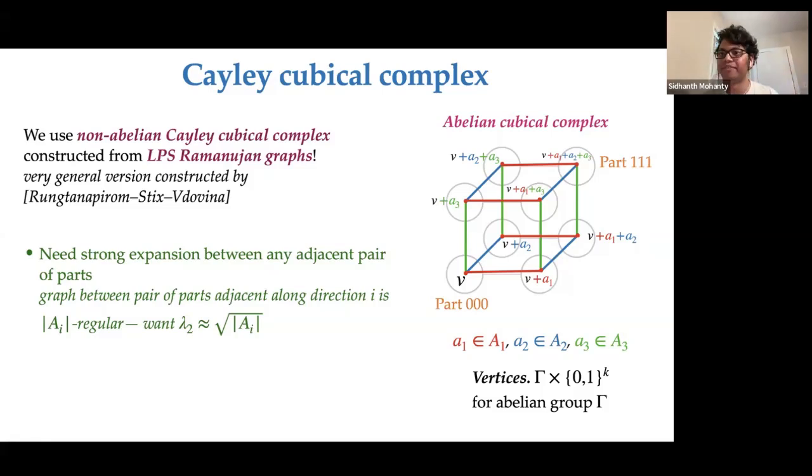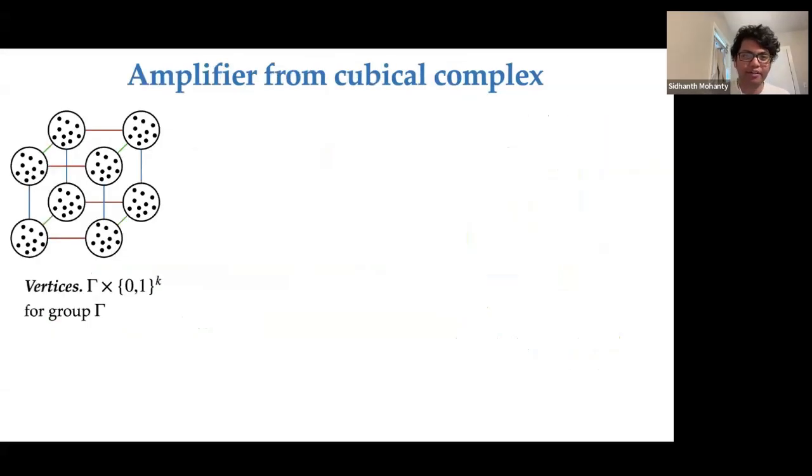In fact, it's going to be some kind of Cayley graph. And just due to the choice of the particular non-abelian group, this bipartite Cayley graph ends up being a Ramanujan graph. It ends up having optimal second eigenvalue bounds. And this is actually a property that we would need, and using an abelian group would result in logarithmic losses in parameters.